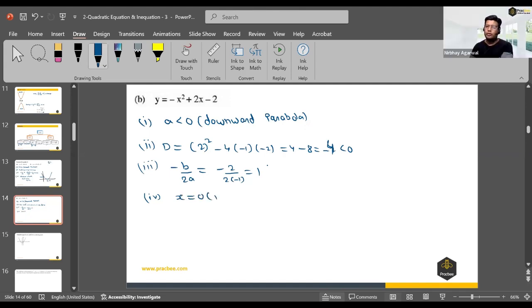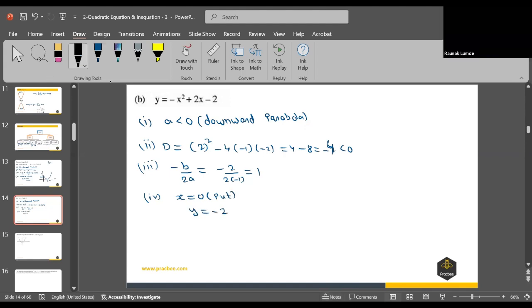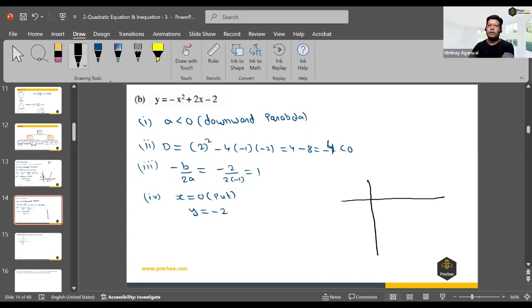So y will be equal to -2. How to draw the graph? It will be a downward parabola. It cuts at y equal to -2. D is lesser than 0. If you calculate one more point, minus d by 4a, what will be its value?